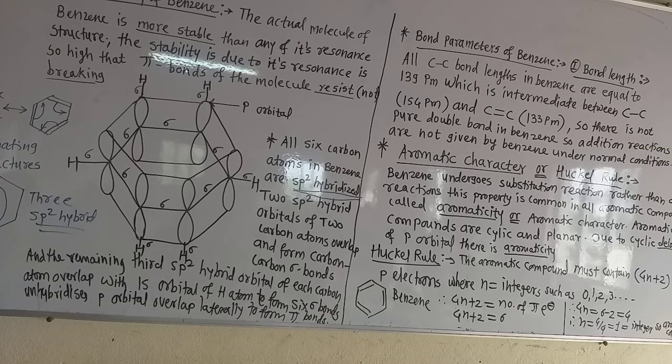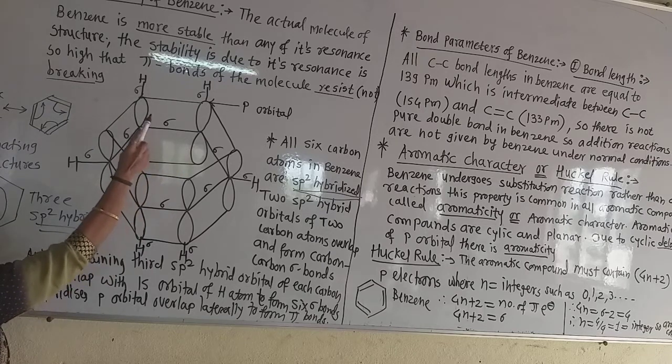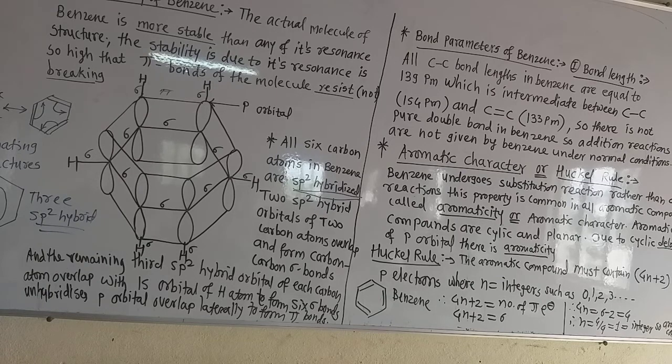Those p orbitals overlap laterally or sidewise with each other and form the pi bond. So there is formation of 3 pi bonds by the sidewise or lateral overlapping of the unhybridized p orbitals.